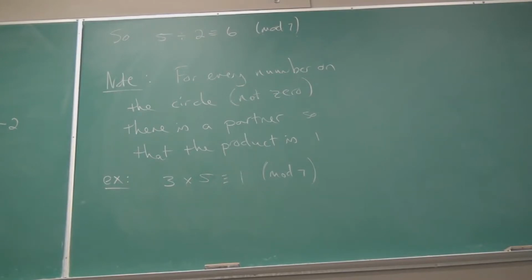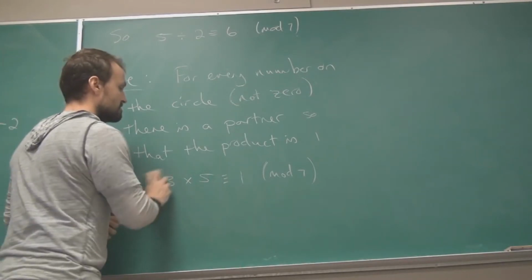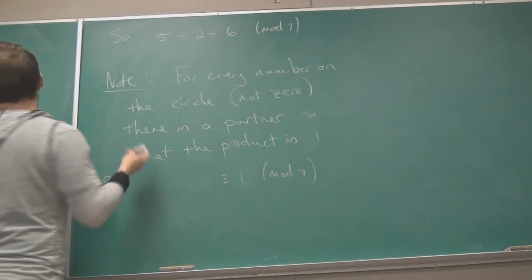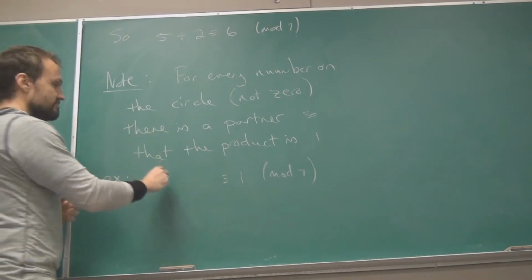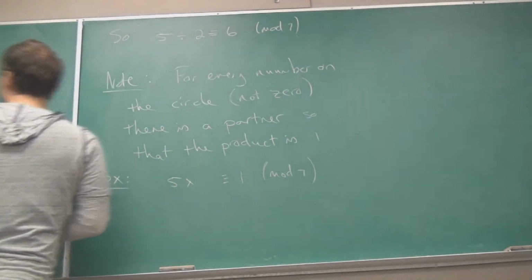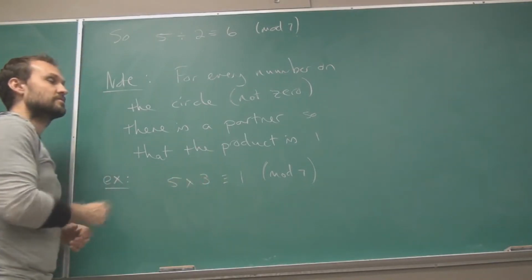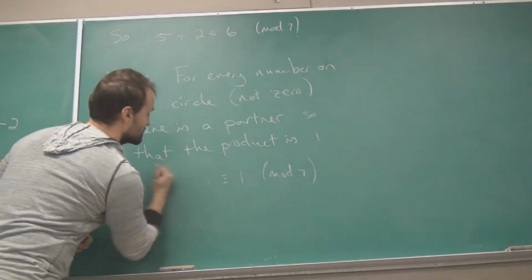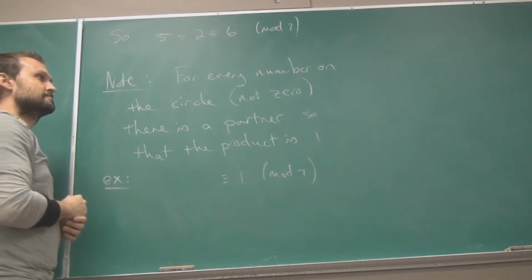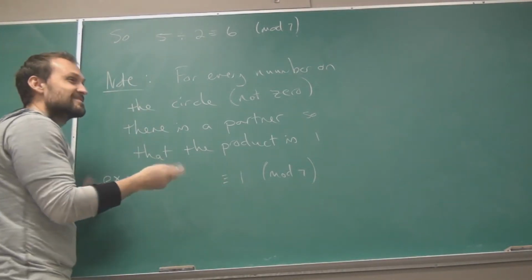Give me a random one. I didn't really pick 3 because it's special. Give me a random one. 5. What is 5's friend? So together by multiplication they give me 1. 5 times 3 is 15, which is 1. Give me another one. You only have like 6 options.